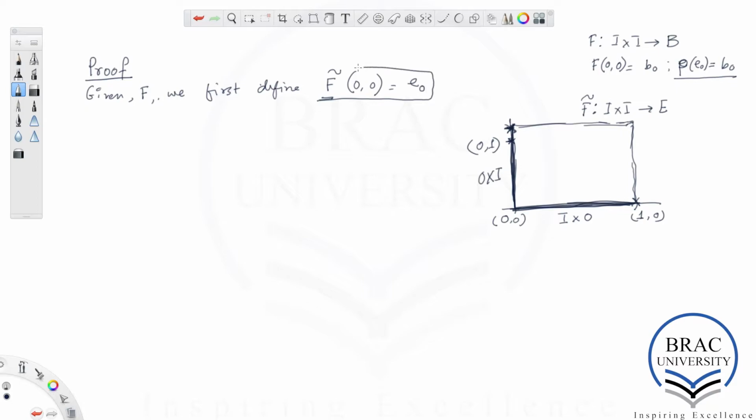So if we have this, then this f tilde can be extended to these two edges of the rectangle, the edges I cross 0, which is the horizontal edge, and 0 cross I, which is the vertical edge.